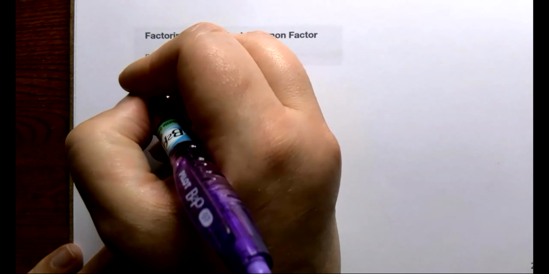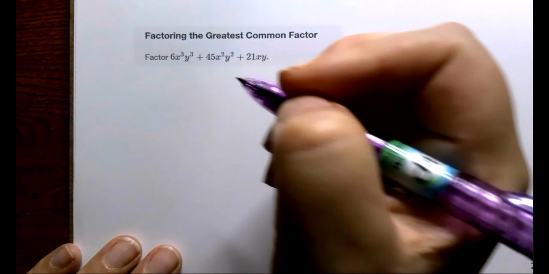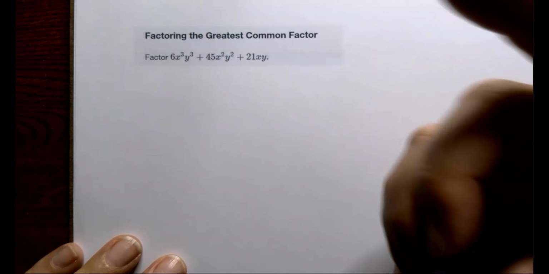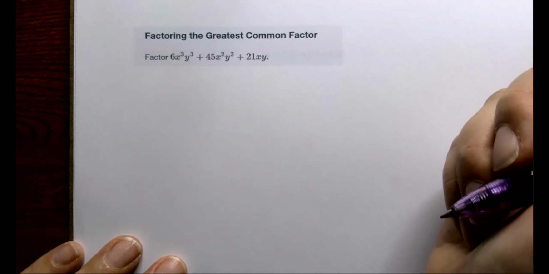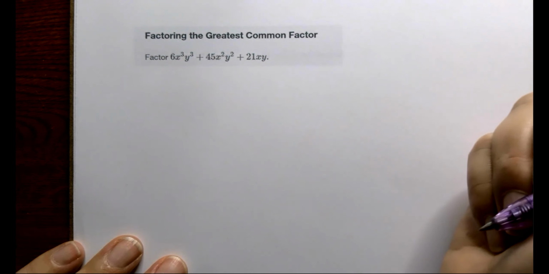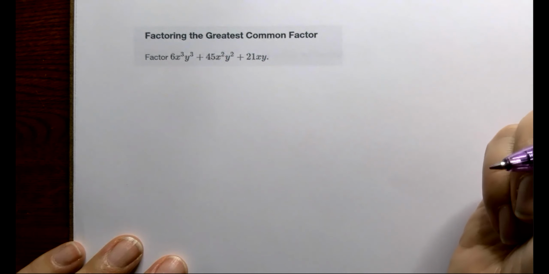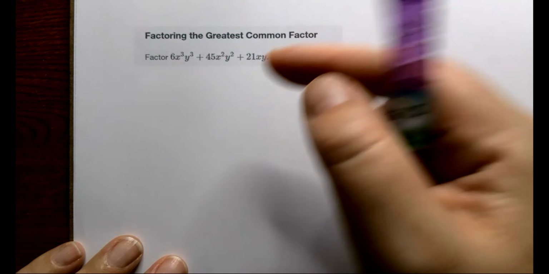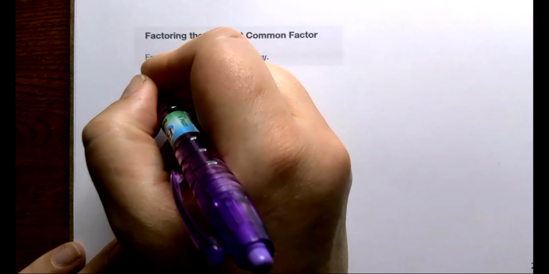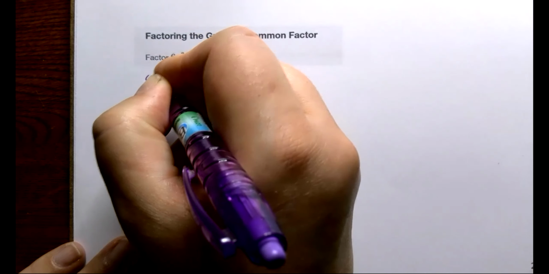Okay, but if you are not one of those people who could just look at it and see what's going on, then you could try prime factorization. Just basically decompose every term down to prime factors. And I'm going to show you how to do that.